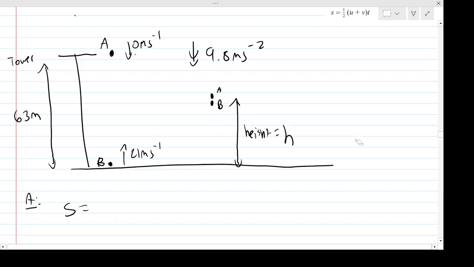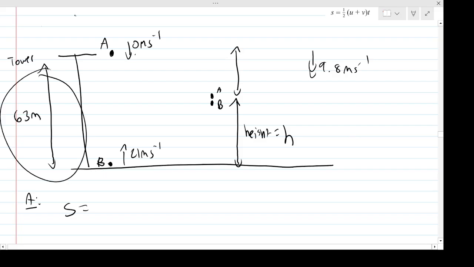Well, actually, if I get rid of this, just move it somewhere else. So gravity there. What I can do instead, obviously that's from the floor to the point they meet, but what about from the top to when they meet, this height here? Well, the overall height, again, the overall is 63. So if the first part of the height is h, then it's going to be 63 take away h, right?